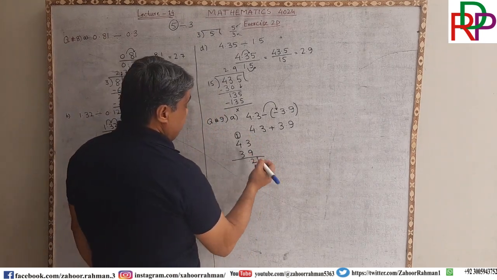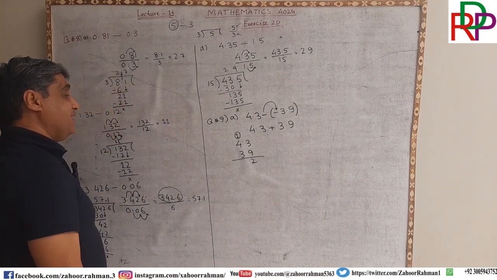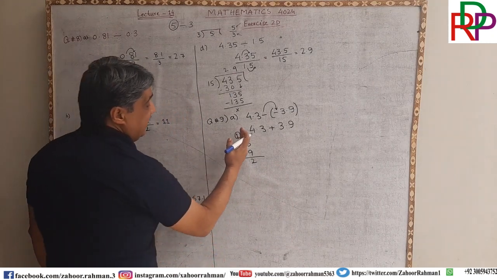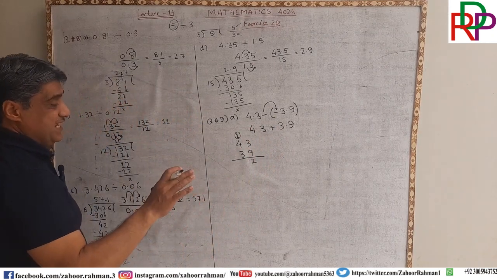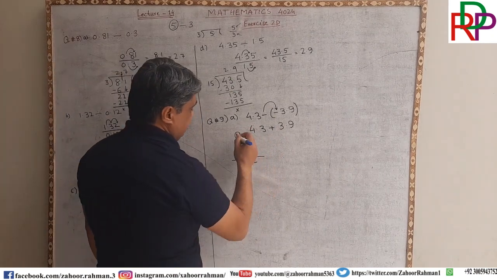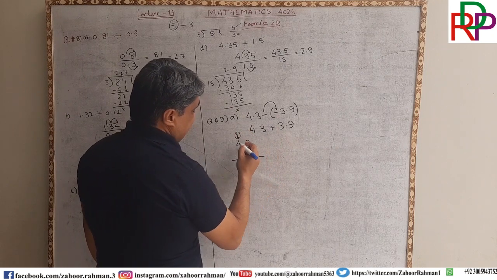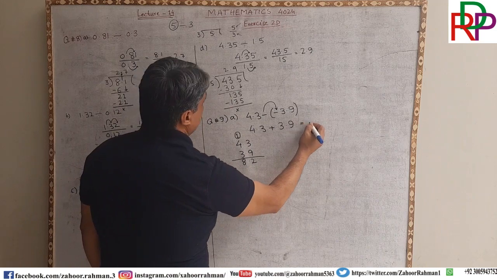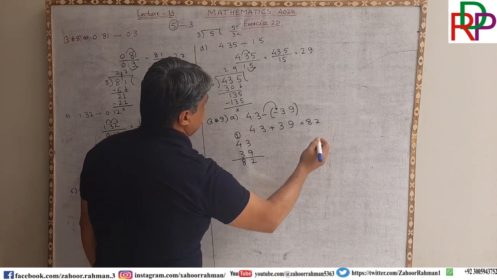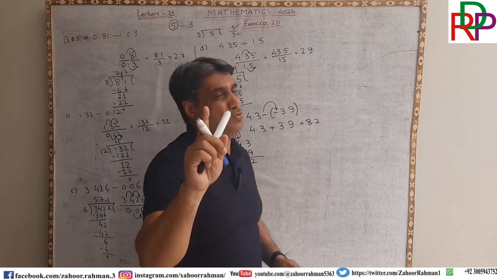So the point will be there, and this is not multiplication, where after the two decimal places you have to put the decimal. This is simple addition and subtraction. So it is addition in this case 5, and that is 8.2. So the answer is 8.2.